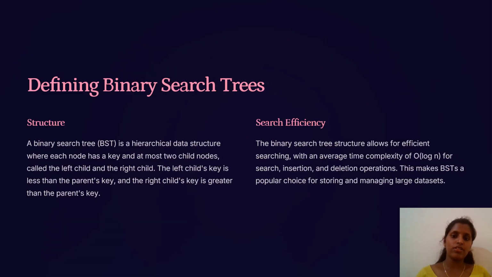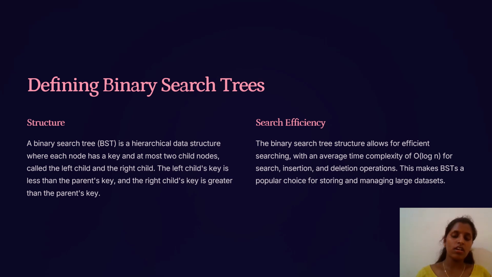Defining binary search trees. Structure. A binary search tree (BST) is a hierarchical data structure where each node has a key and at most two child nodes, called the left child and the right child. The left child's key is less than the parent's key, and the right child's key is greater than the parent's key.